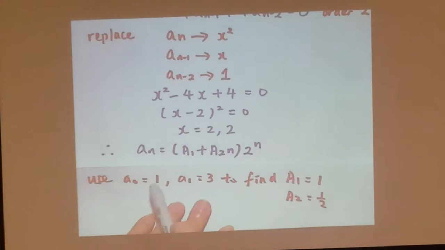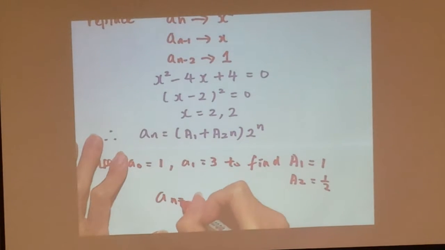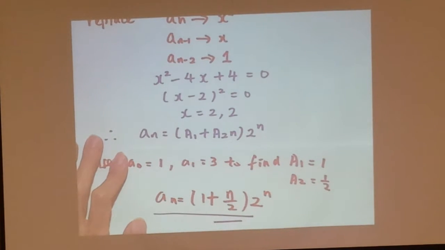So if you use A0 is 1, A1 is 3, you start here, you can form 2 equations, and after solving, A1 is 1 and A2 is a half. So with that, you can say An is this. So An will be (1 plus n over 2) times 2 power n. So this will be the final answer.